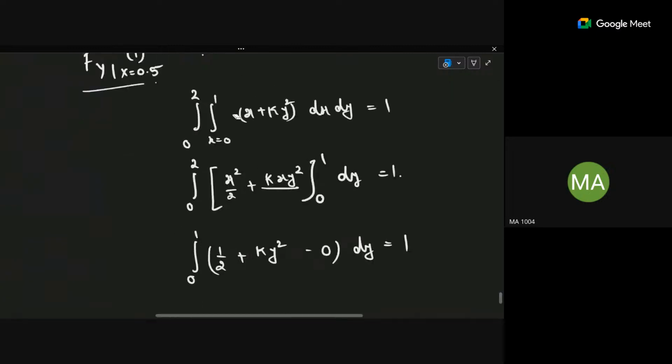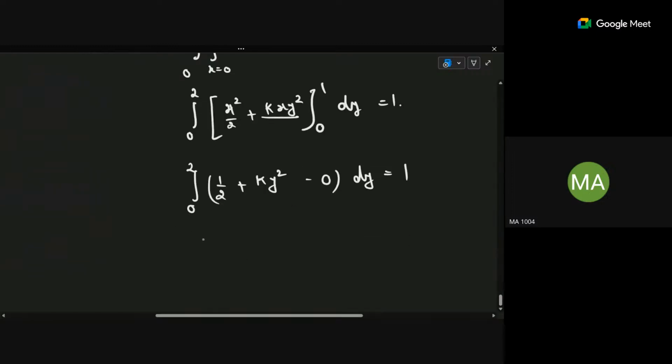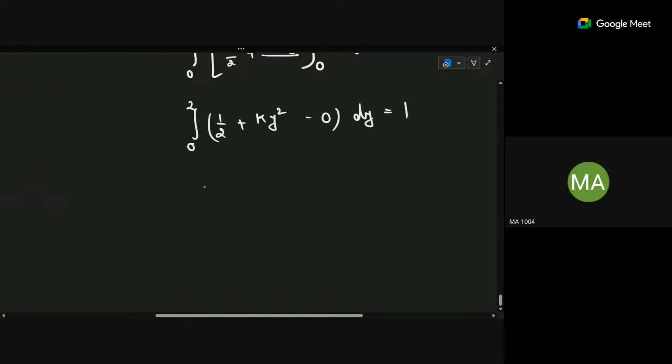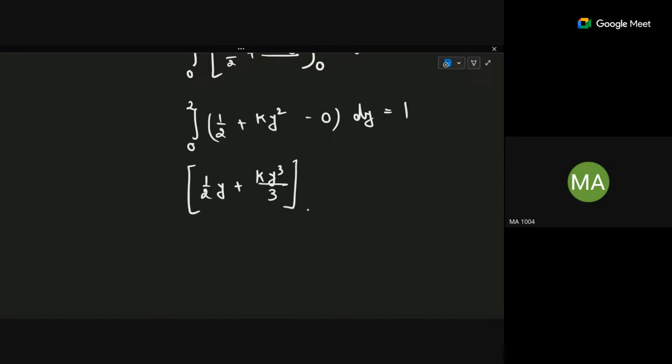I'm not revealing the answer directly because in the exam you will have to try by yourself; there will be no confirmation at any point. So 1 by 2 y plus k y cube by 3, from 0 to 2, is equal to 1.